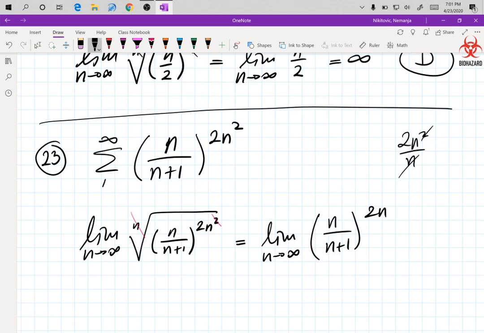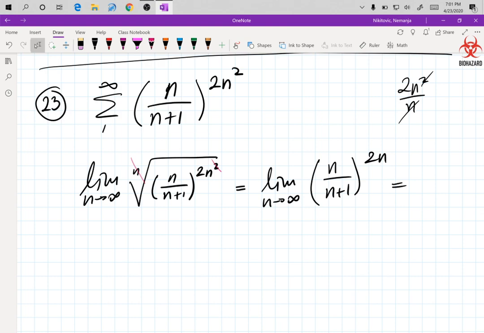Okay, so I need to do this limit. What we can maybe do is use L'Hopital's rule. Do we remember L'Hopital's rule from Calculus 1? Maybe. It's been years. Hopefully last semester. We can assign this to a function y and then take ln of both sides.